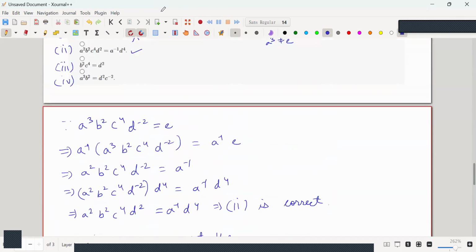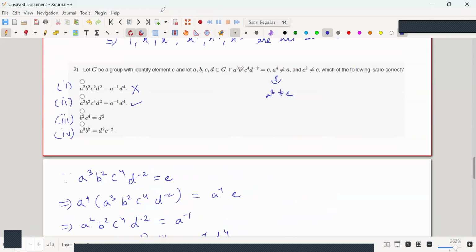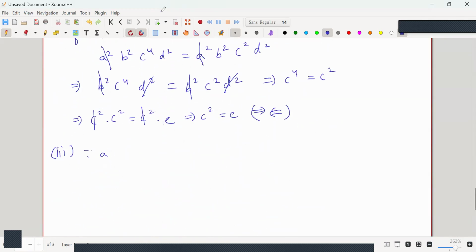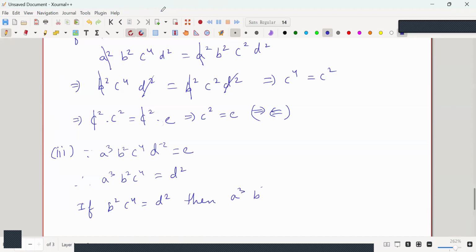So we are given B square C4 in the LHS, and in the relation we have A cube B square C4 D minus 2 is identity. Since A cube B square C4 D minus 2 is identity, therefore A cube B square C4 is equal to D square, and if B square C4 is equal to D square, then we have A cube equal to B square C4.